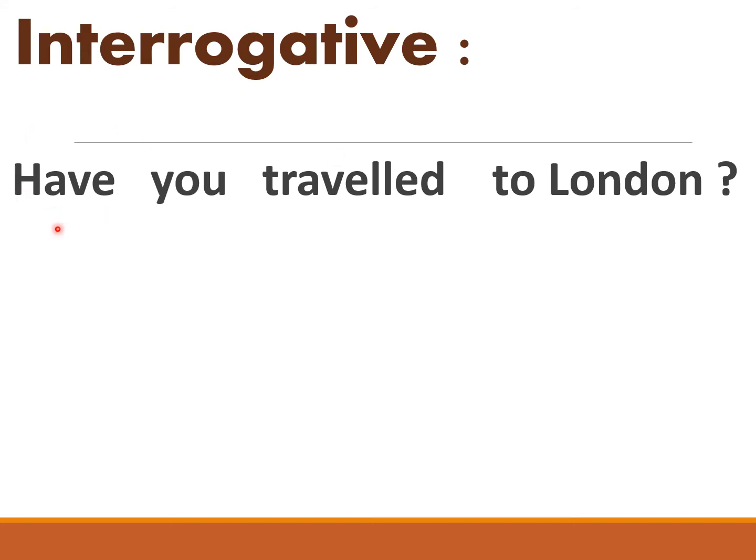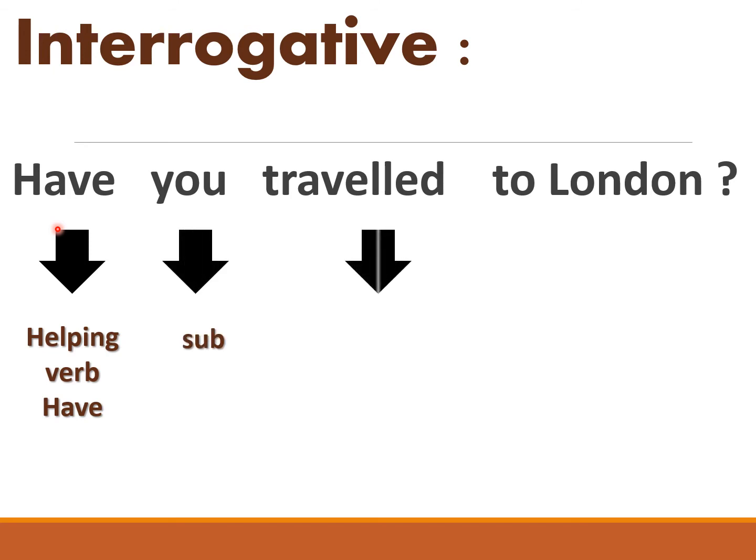Have is the helping verb. You is the subject. Traveled is the verb past participle and to London is the complement. So we use have here because we have a plural pronoun, this is you, and after the pronoun we have to put the verb past participle.